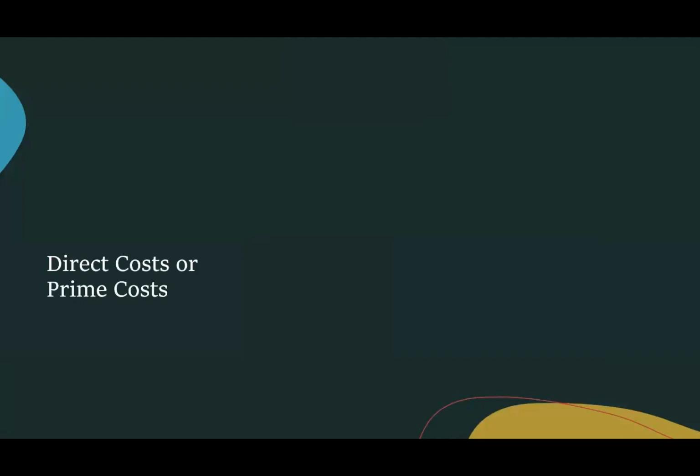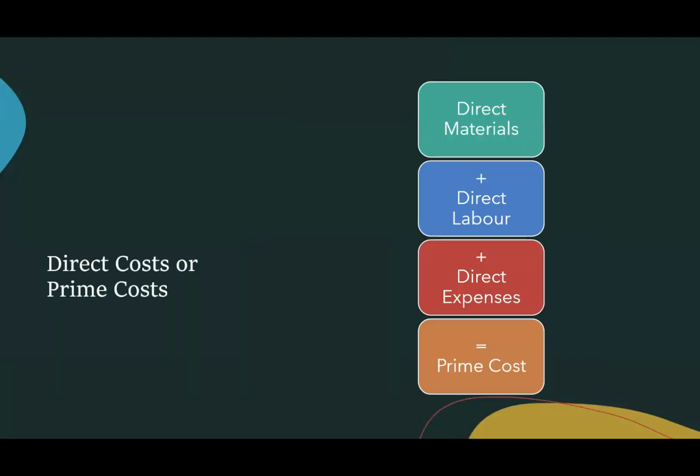Now, for example, if you see over here, the direct cost, we also call it prime cost. Now, in direct cost, you have your direct material, direct labor, and direct expenses. So I'll give you an example of each, which will help you to understand it.